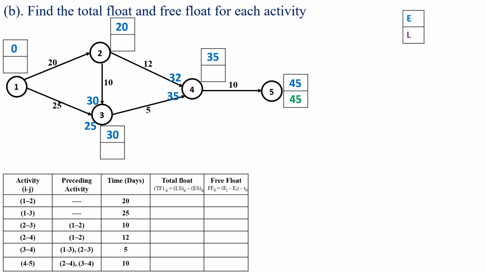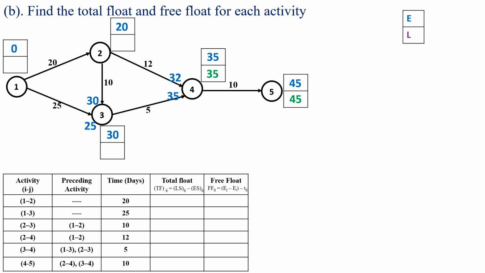For the activity 4 to 5, the latest finish time is 45 at the event 5. Then the latest start time will become 45 minus 10, which is equal to 35 at the event 4.